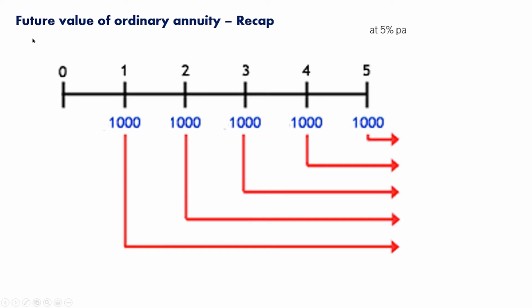First we will see the future value of an ordinary annuity. Future value, we know, is calculated as cash flows into (1 plus i) the whole raised to n, where CF represents cash flows, i is the rate per period and n is the number of periods.